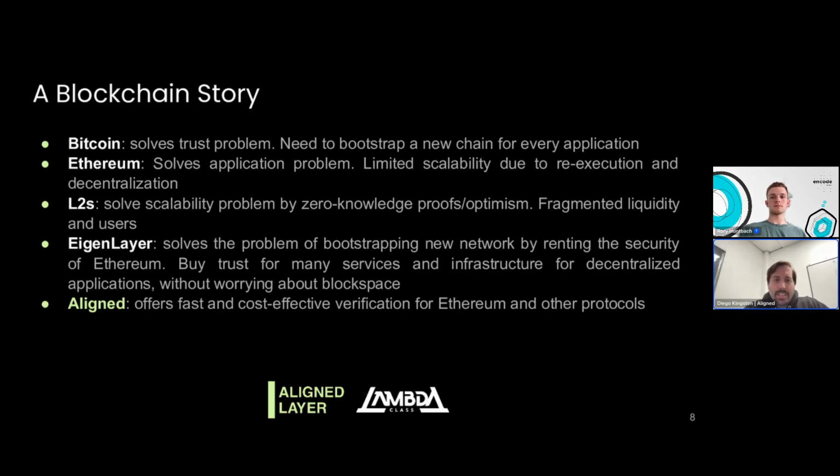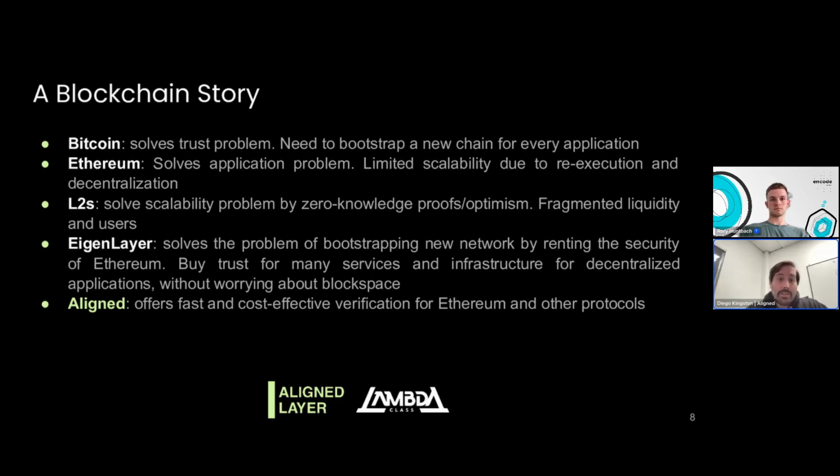The problem is that if you want to build a decentralized application using the idea behind Bitcoin, you have to bootstrap a new chain for every new application. And it's hard to get liquidity, users, and all that. So having to bootstrap a new network to gain this trust is really complicated, and so limits the kinds of things you can do.